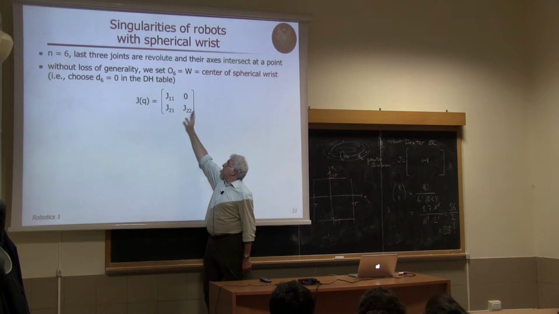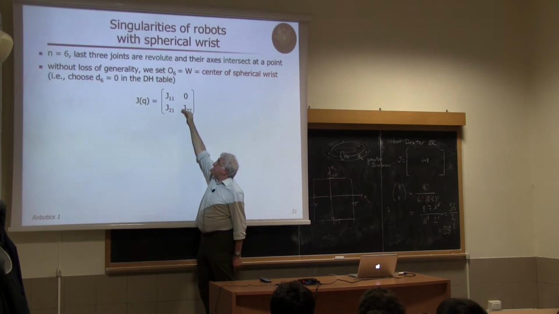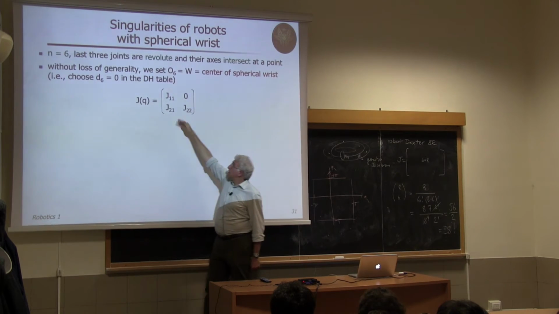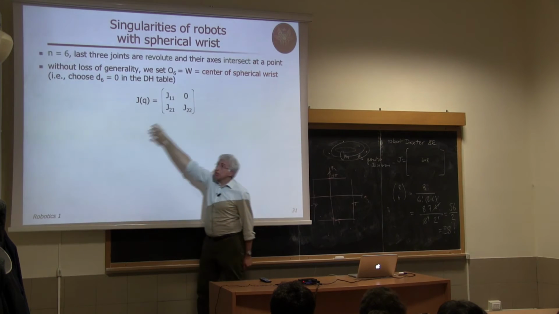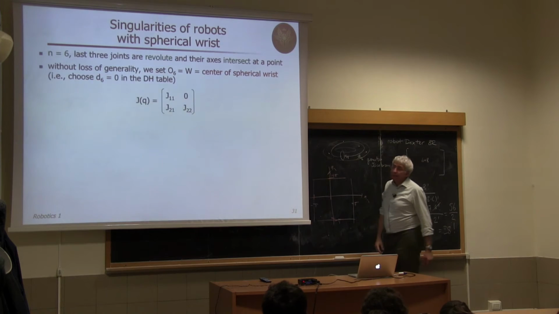These are 6 columns, organized in blocks 3 by 3. The upper part are linear velocities of O6, and the lower part are angular velocities of frame 6, which has an origin in the center of the wrist.